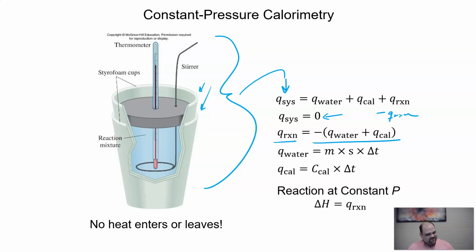The water, we've seen this equation before, Q equals ms delta T. We've seen this equation before, Q equals C delta T for our calorimeter. Now it so happens that because we're doing this at constant pressure calorimetry, the answer we get for Q reaction is equal to the enthalpy of that reaction. Again, this is the assumption we make, that in this setup, no heat enters or leaves.